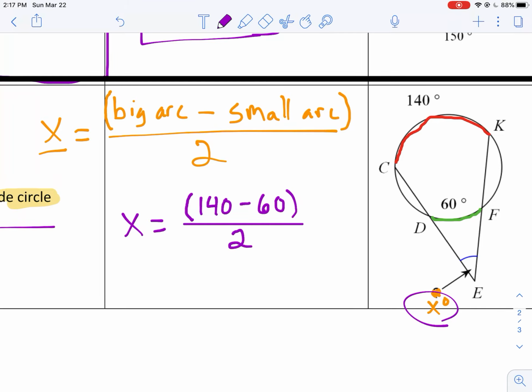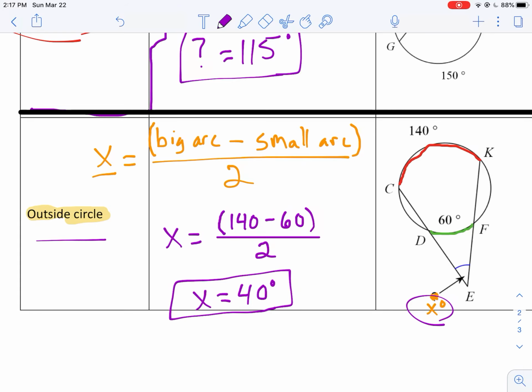All right, and it's just calculator work from there. It's 140 minus 60, you have to do that step first, that's 80, and then I divide that by 2, so x will equal 40 degrees. Yeah, all right.